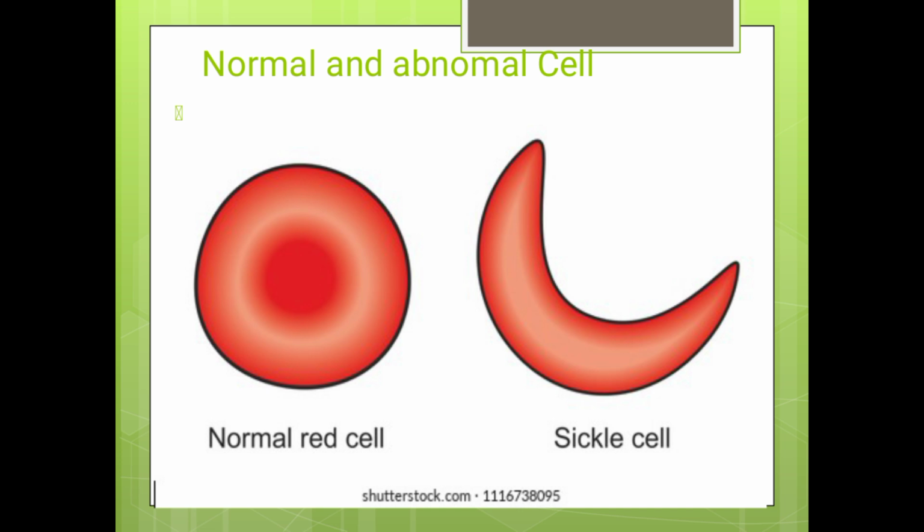Now look at the normal and abnormal cell. You see the normal red blood cell shape? The normal is actually round, pliable, biconcave shape. But with the sickle one, it becomes sickle or crescent, has its crescent shape. It loses the pliable nature.